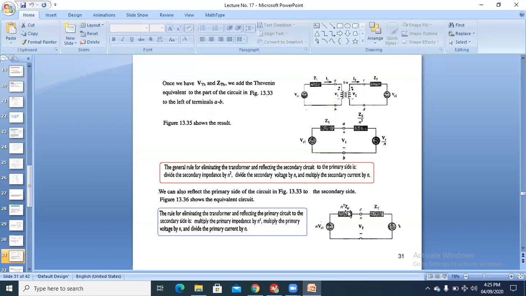Now, if we want to reflect the primary side over the secondary side, we have the vice versa case, where we multiply N with Vs1 and N squared with Z1. So this is the Thevenin method to transfer the primary side over the secondary side and the secondary side over the primary side.